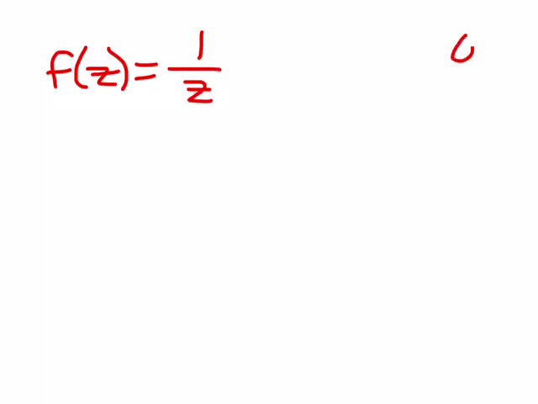Let's do one more. The next example, I have f of z equals 1 over z. Find the first 5 derivatives. So I'm going to do f prime. Now, I could do, I'm just going to write QR, quotient rule. That would work. But for this one, because I'm going to have to do it 5 times, the easier way is to change my original function to z to the negative 1 power.